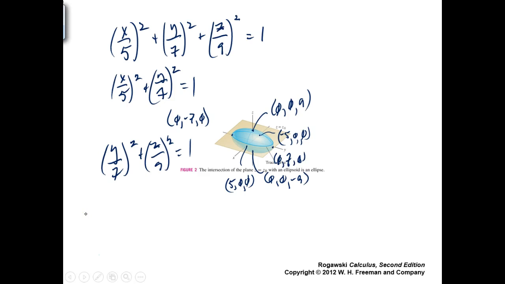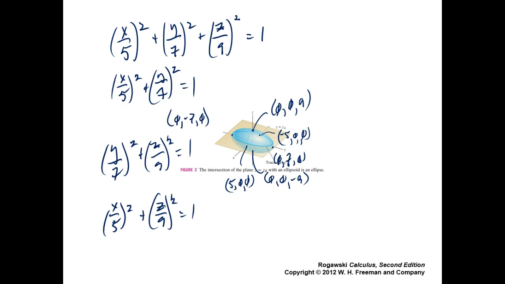And in the xz plane, it would be x over 5 squared plus z over 9 squared is equal to 1. Okay? Those would be your coordinate plane ellipses.